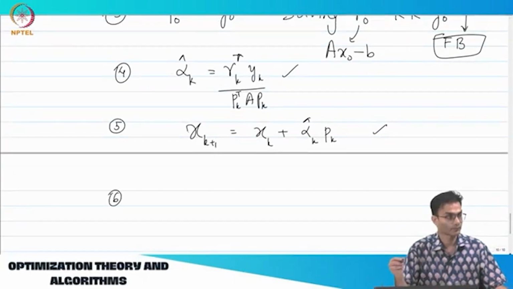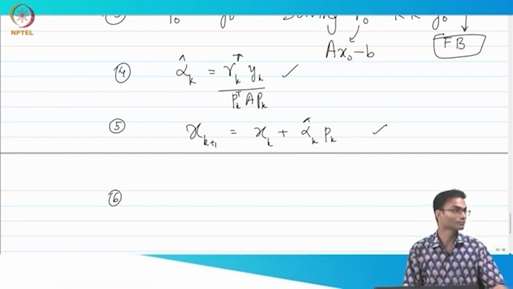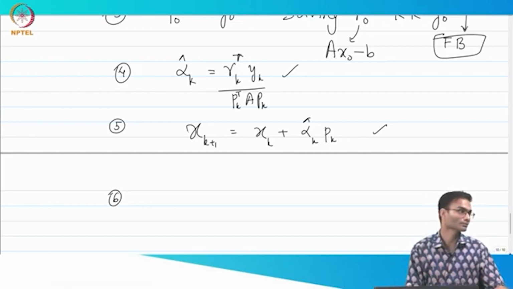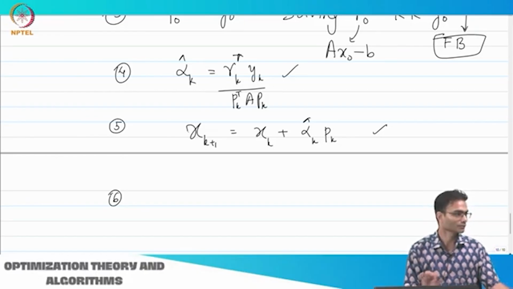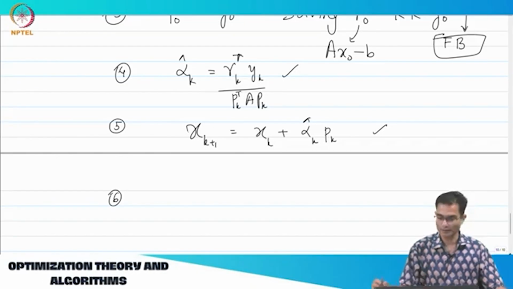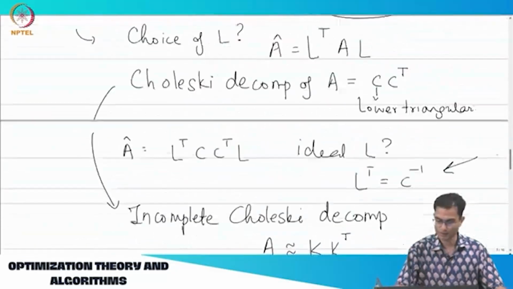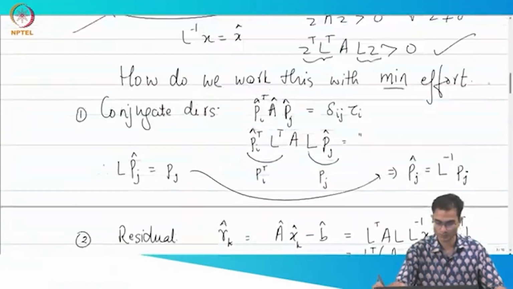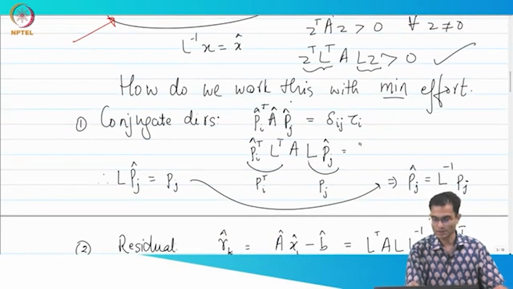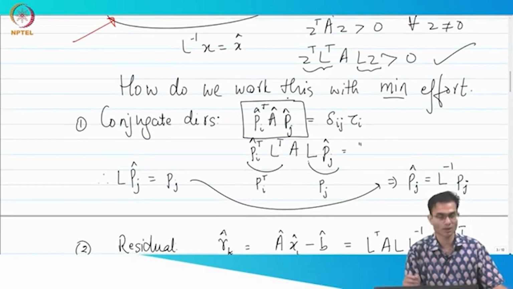What will be the A which you are using? The original A. That's what we worked out. We can do more work, but we don't like to do more work. This is the original A. When we started with the very first step, if you notice, originally this expression would appear everywhere.